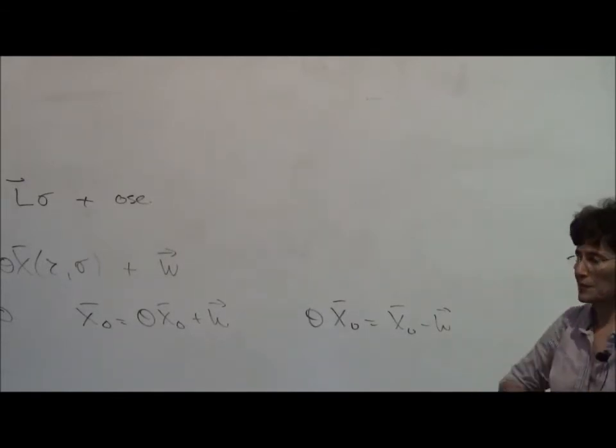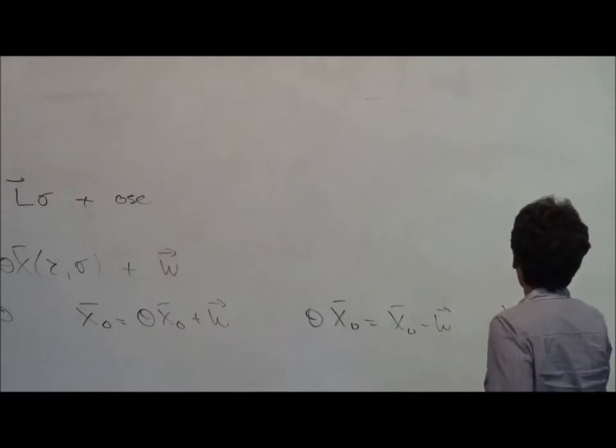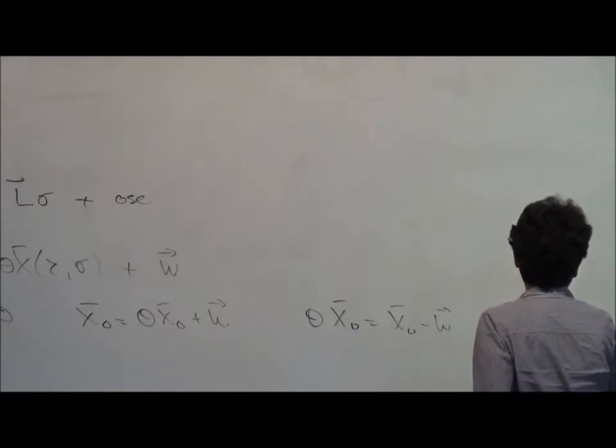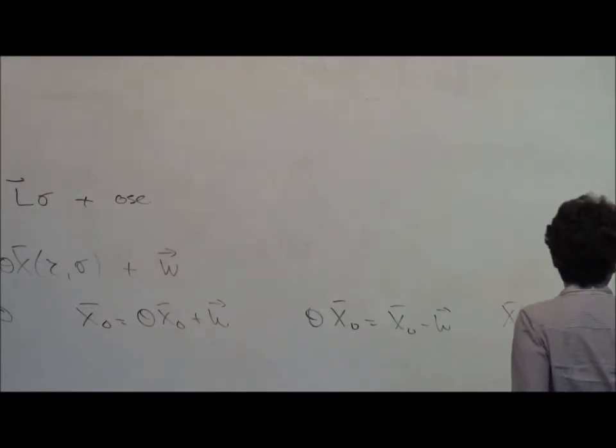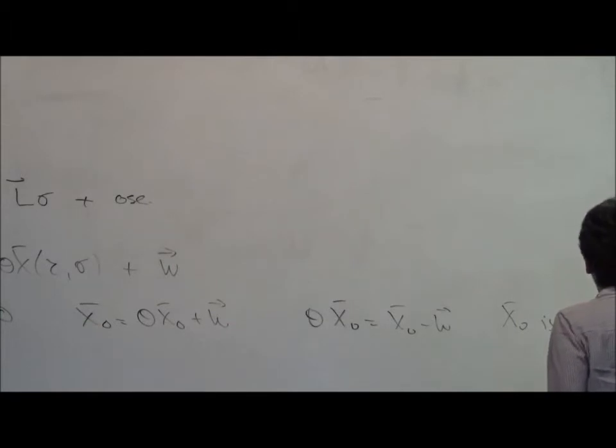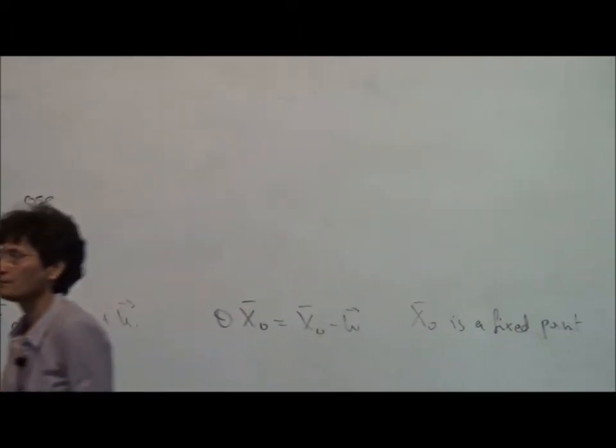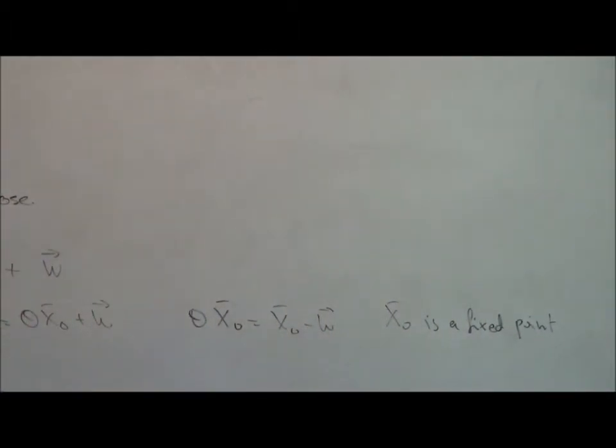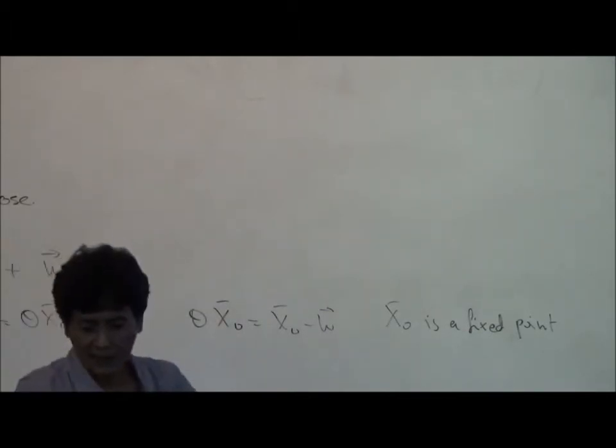It says these are fixed points. So x0 is a fixed point. In this theta sector, you will have open strings around these fixed points. We have 27 of them for all. So that's the easy part.